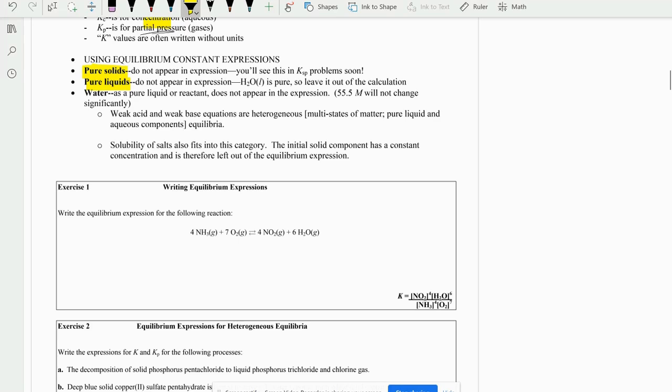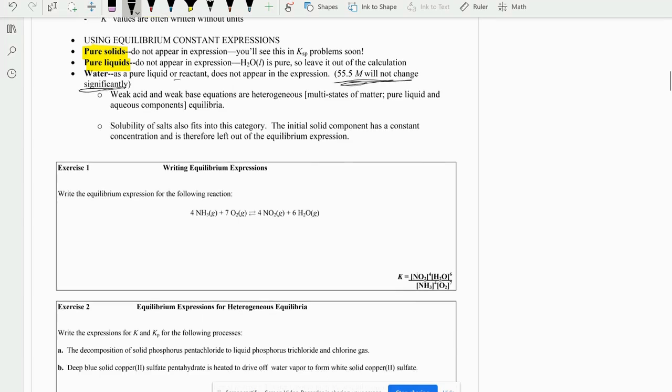Again, pure solids and pure liquids will not be included in the equilibrium expression. Okay, they go on to say that water as a pure liquid, when it's used as a reactant, will not appear in the expression.